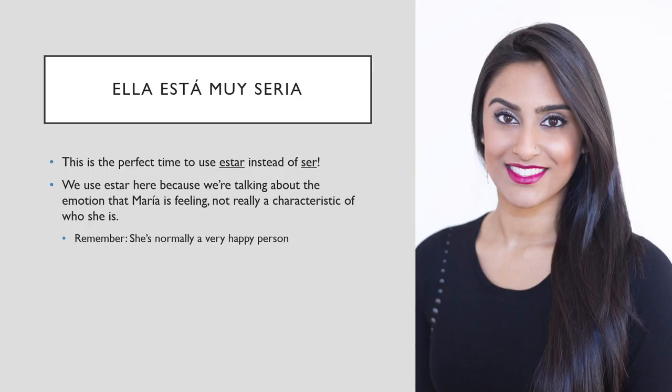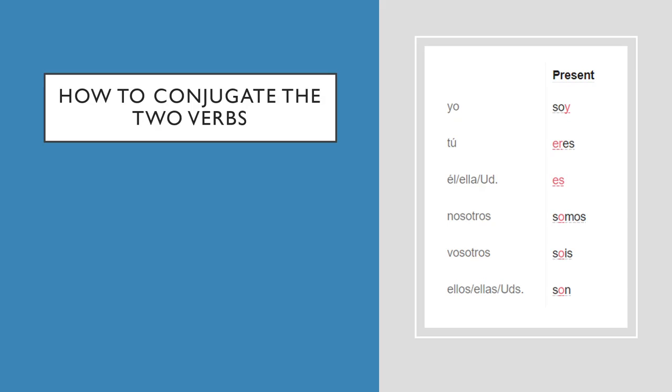The final thing we need to look at is how to conjugate the two verbs. Now, ser is irregular, and you'll probably learn about irregular verbs, or you've probably learned about them already. But this just means that they don't follow a regular pattern of how verbs are conjugated. Luckily, how we conjugate the word to be in English is also very irregular.